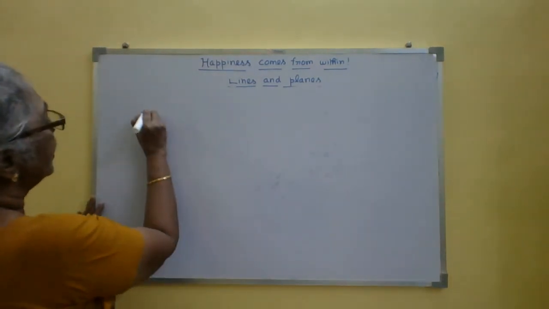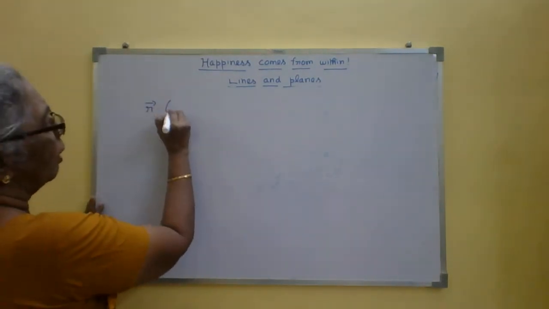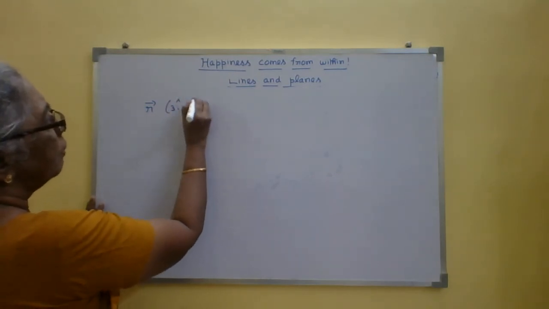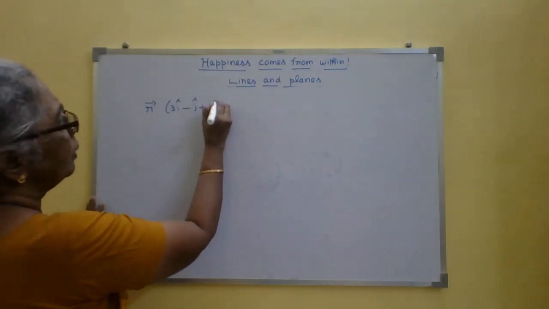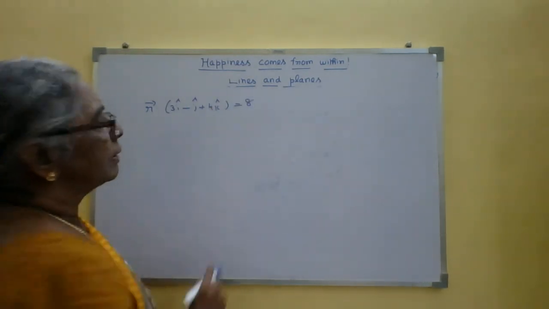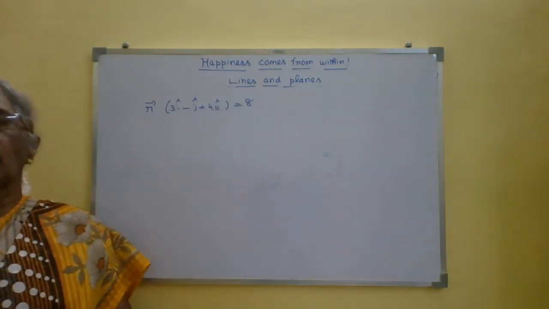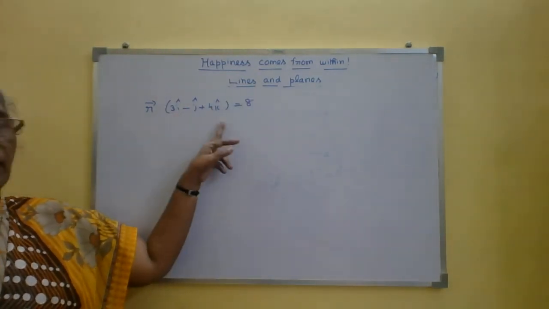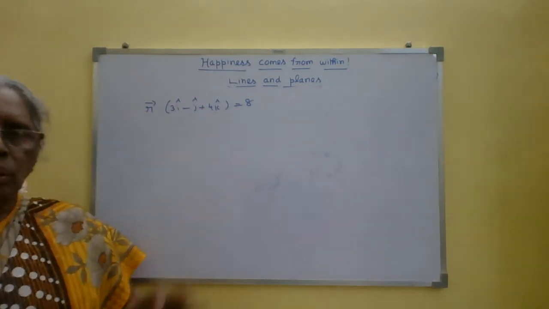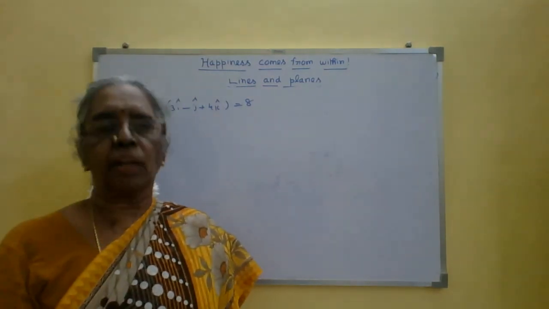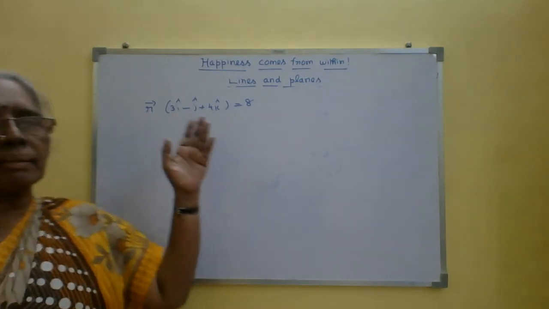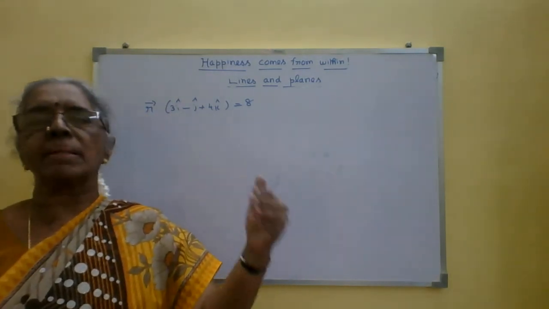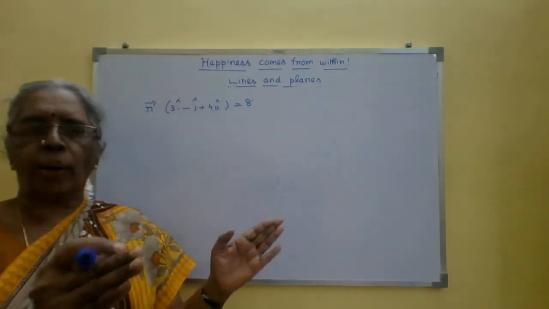Let me consider r vector dot 3i cap minus j cap plus 4k cap is equal to 8. This is the vector equation of your plane. Now I know this is my n vector. If I want to convert it into Cartesian form, this r vector is xi cap plus yj cap plus zk cap. If you do the dot product, what will you get?